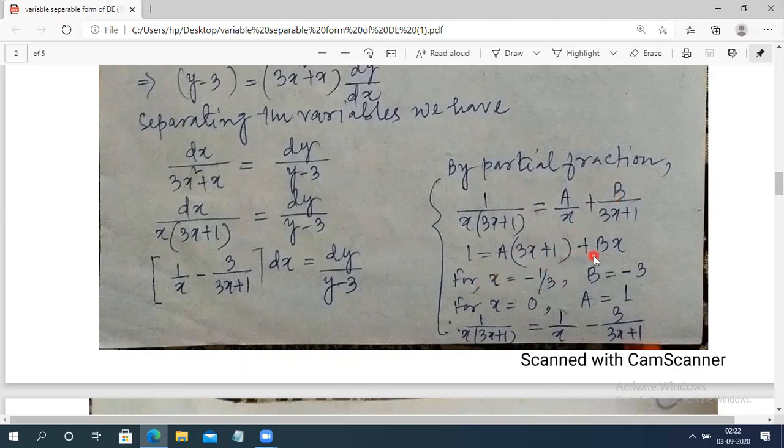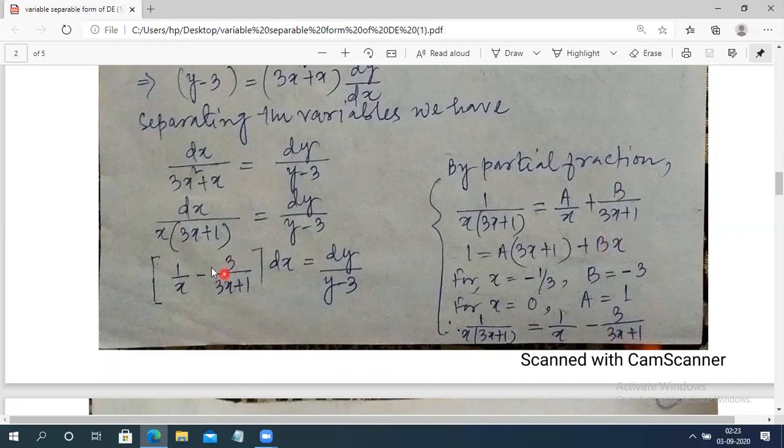Now if we substitute the value x is equal to negative of 1 by 3, then we'll get the value of b, because a will be 0, we'll get b is equal to minus 3. And if we take x is equal to 0, then b will be 0, so we'll get the value of a as 1. So when a is 1, b is minus 3, after plugging this value, we can write 1 by x(3x plus 1) is equal to 1 by x with negative sign 3 by 3x plus 1.